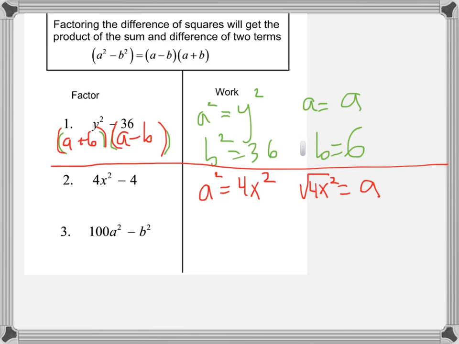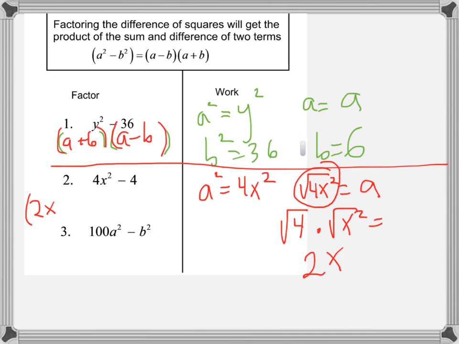So the square root of 4x squared is the square root of 4 times the square root of x squared, so that's going to be 2x. Okay, so I know that's going to be part of these binomials.